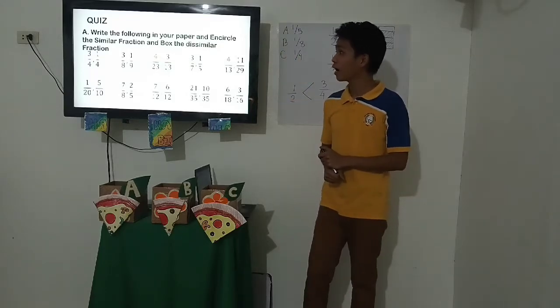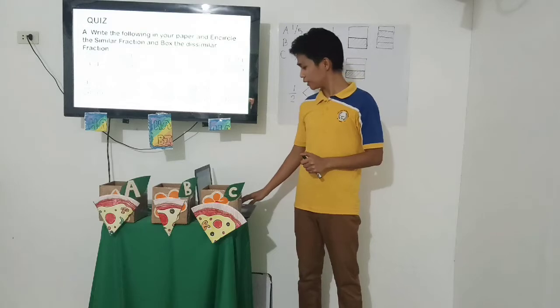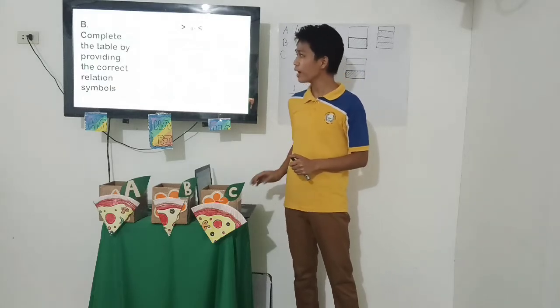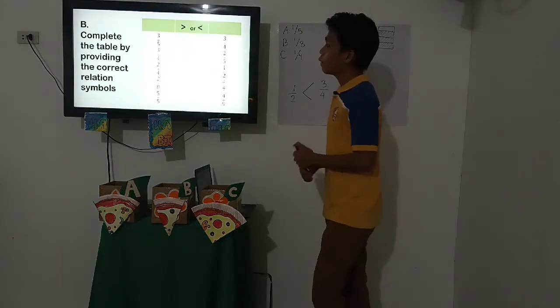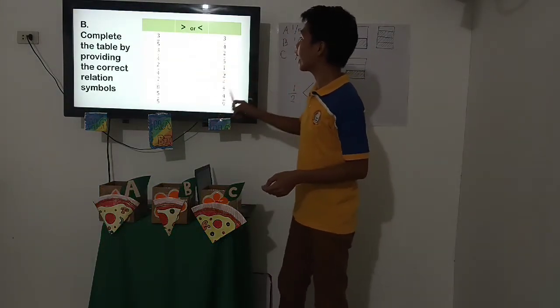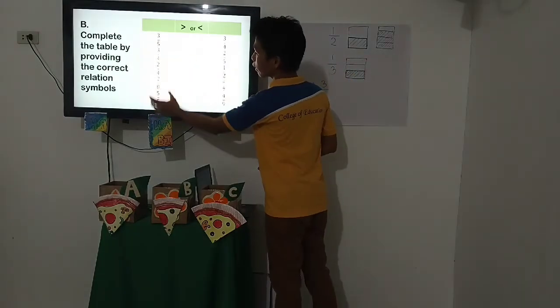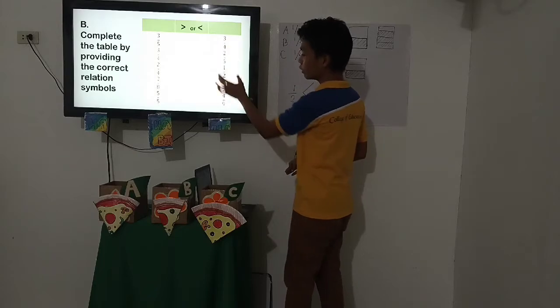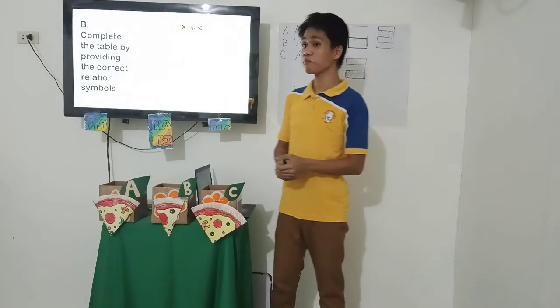Now let's have another. Okay, let's complete the table. By writing less than or greater than, you will compare these fractions to this one. Who wants to read the instruction?